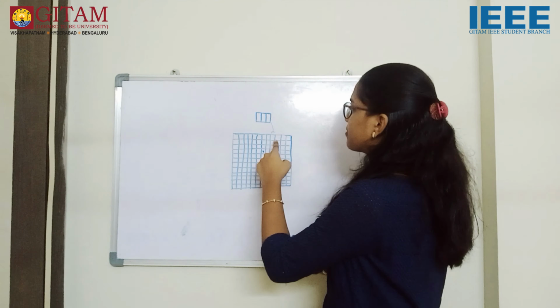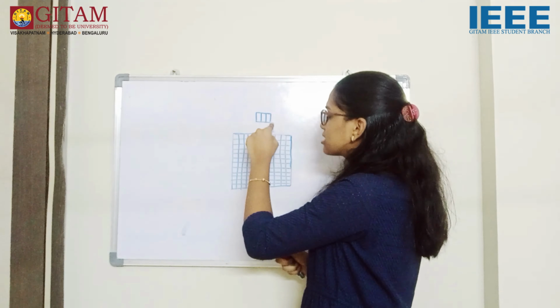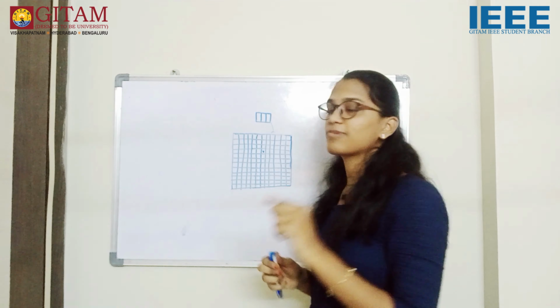So each pixel can be divided into three small divisions, and each division is responsible for displaying a particular light, that is red, green or blue. When these different lights are glown in different combinations, we get other colors like pink, yellow, etc. That is what a color image is.